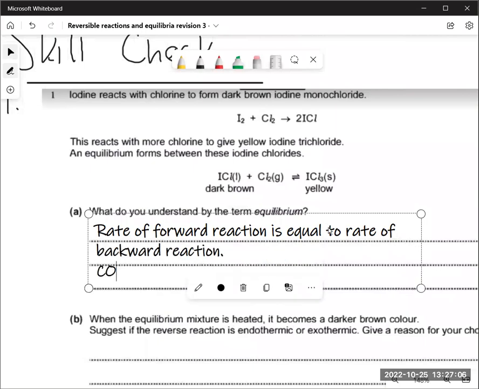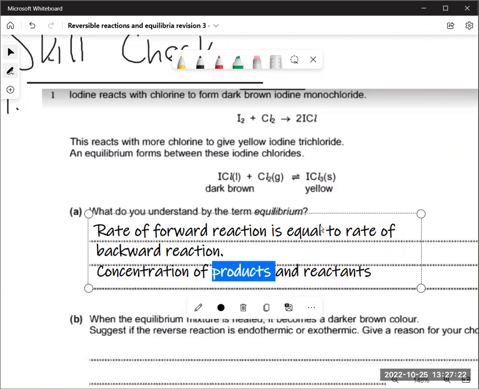And we'll say concentration of products and reactants becomes constant.